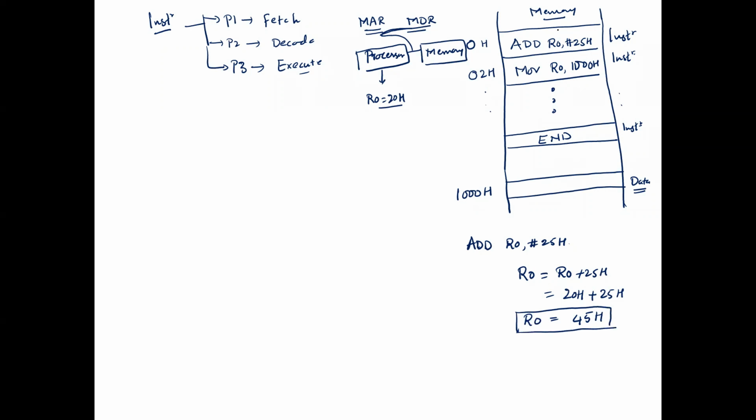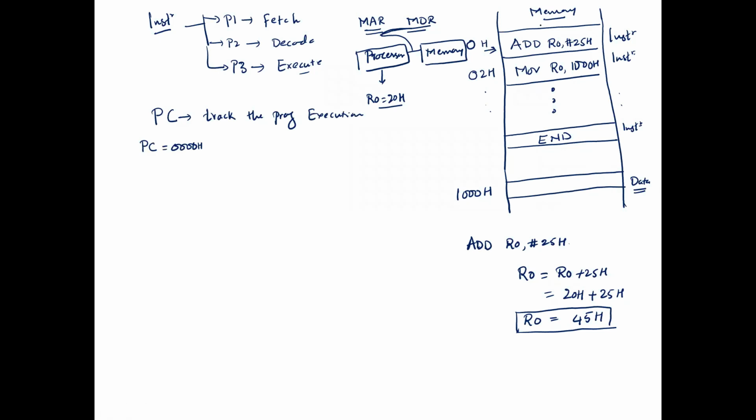Now how are we going to explain how this instruction is being executed? First, the starting point of the program is this. Which register will hold the starting point of a program? The program counter register will track the program execution.